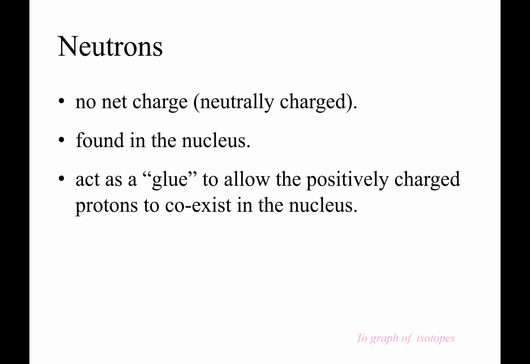Opposite charges make the electron want to be part of that atom. Well, the thing about the nucleus is if we just had a ball of protons, they might not want to coexist because they have this repulsion for each other. So when it talks about the glue, that's what it's talking about. In the nucleus, we have the fighting repulsion of the protons diluted by the presence of the neutrons.